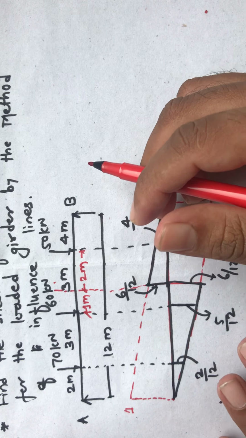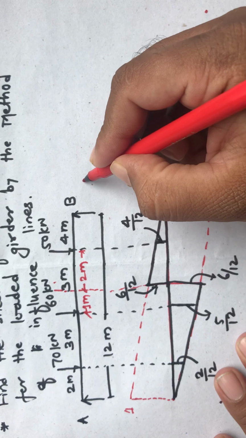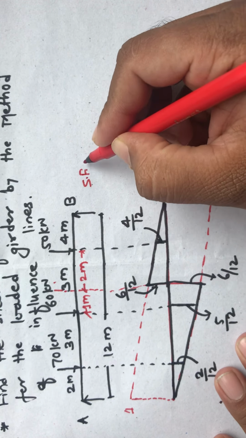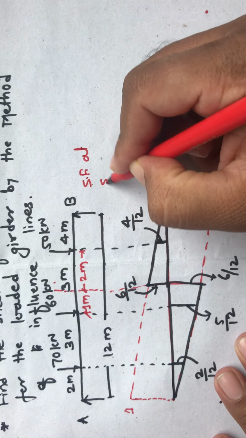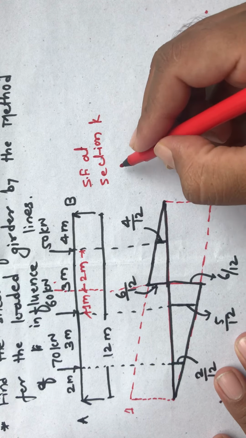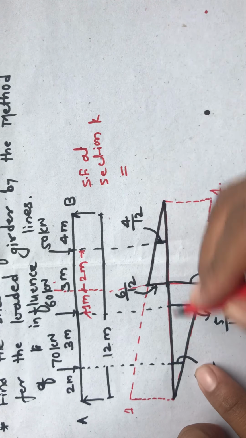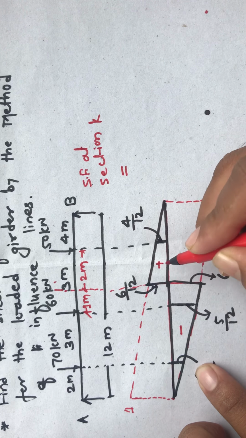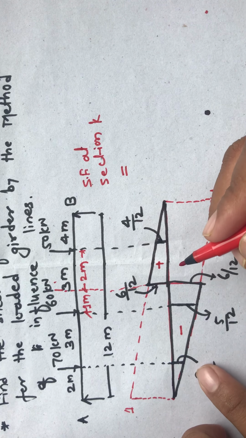Now what we have? SK, that is the shear force at section K. Now this is negative and this is positive.